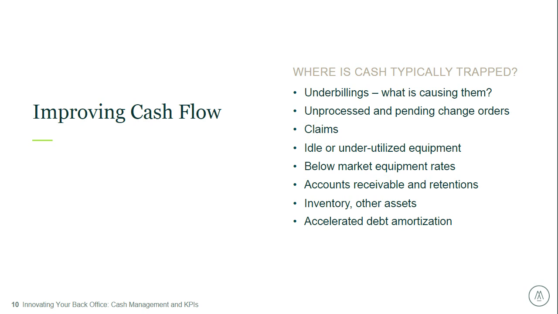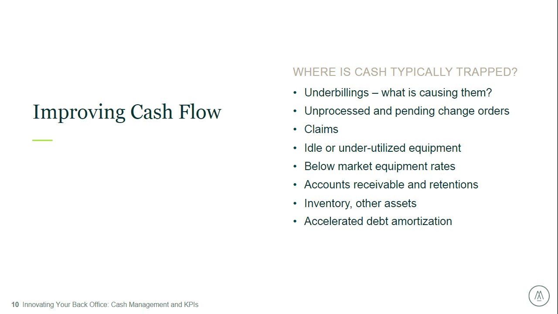Accounts receivable and retentions. One thing I wanted to touch on there is that we see a lot of public works jobs, and retentions can hang up and drag on. Look at the cost versus benefit of whether it makes sense to try and bond around retention. Inventory-wise, are you buying to stock or are you buying for specific jobs?